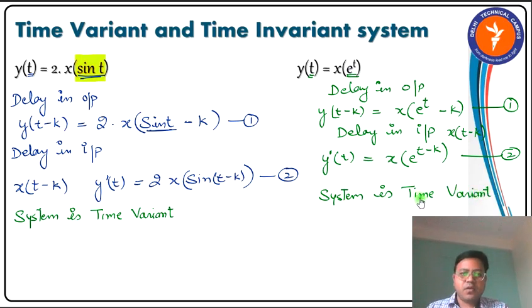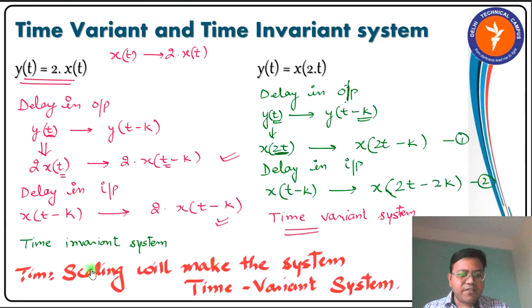So whenever there is a scaling in the time, we will comment that the system is time variant. In the last four numericals, we concluded that whenever there is a time scaling, it will make the system time variant.